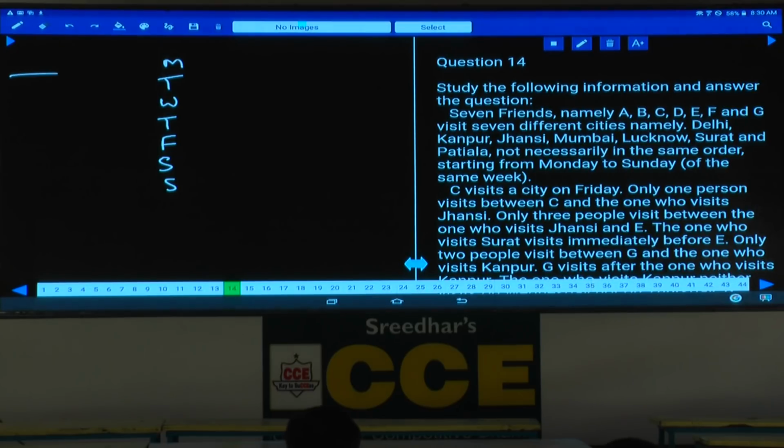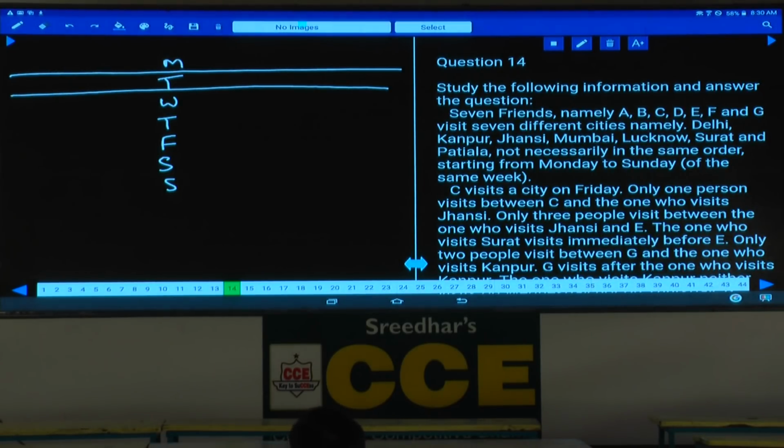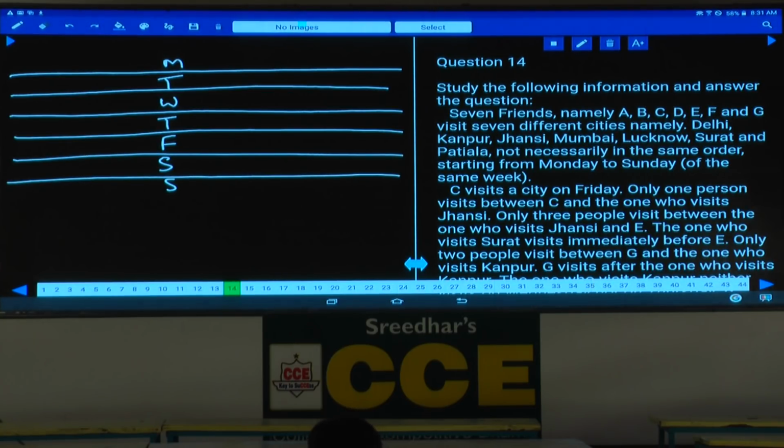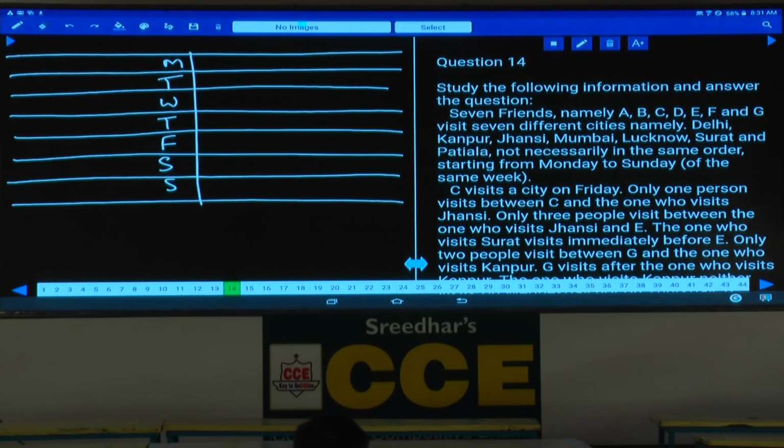In total we have 7 persons, and these persons visited 7 different places. Now we need to find out which person visited which city on which day, isn't it? Then condition number 1.